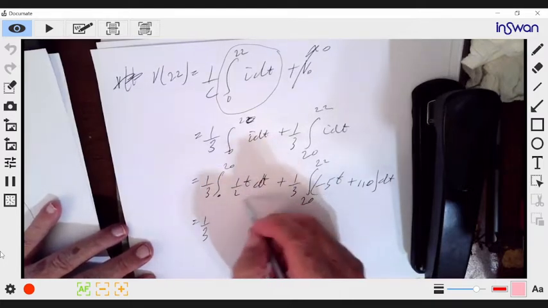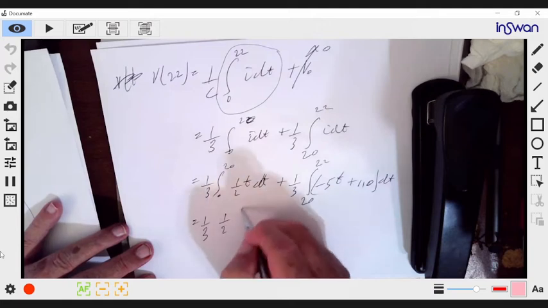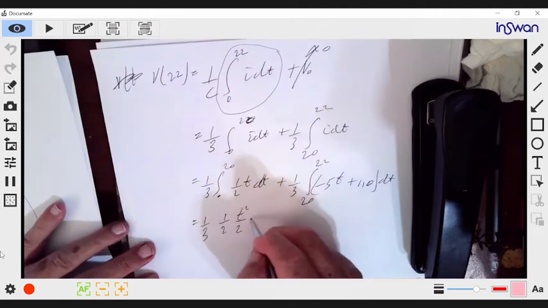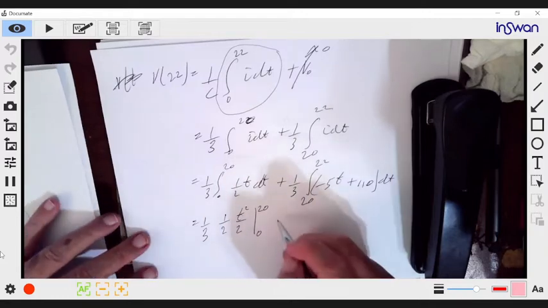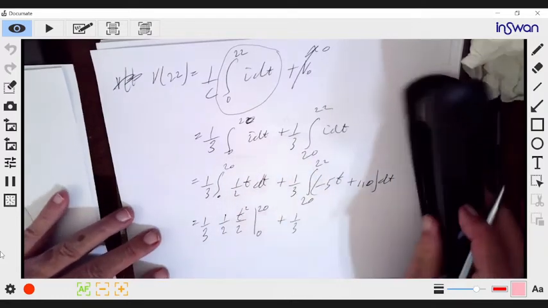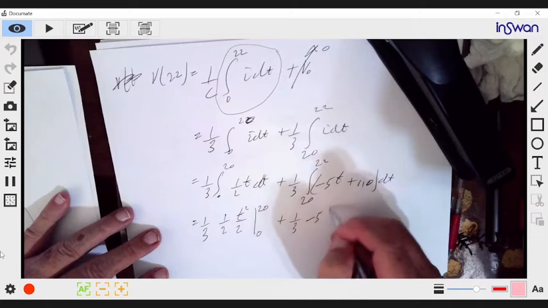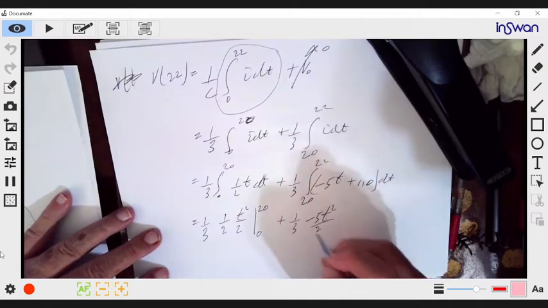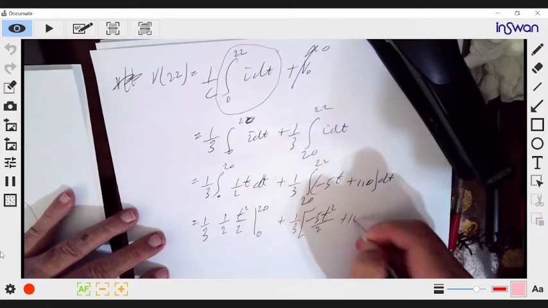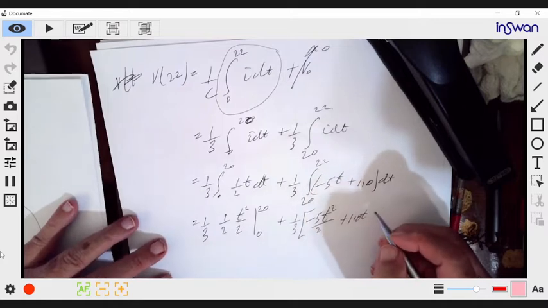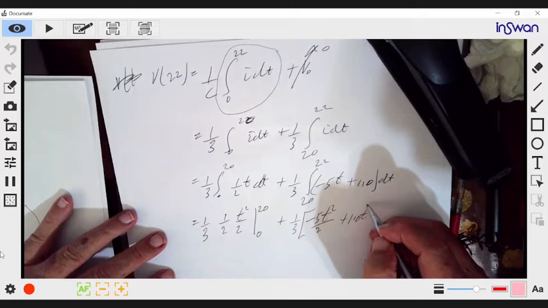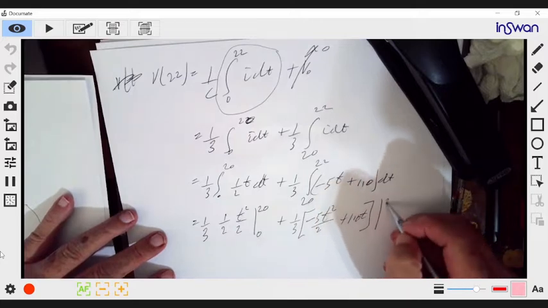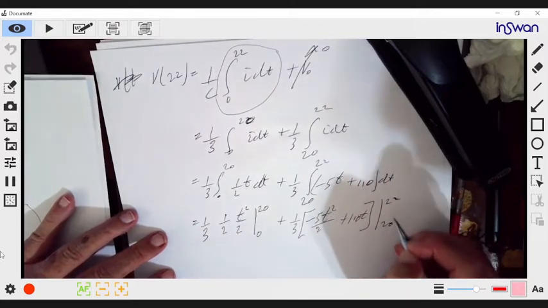Integral of a half t is what? A half t squared over 2. Integrate from 0 to 20. Plus the third. Integral of negative 5t is negative 5t squared over 2, plus 110t, evaluated between 22 and 20.